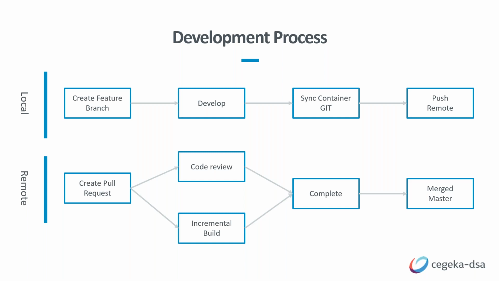When you're done developing, you do some local testing, of course, using either the web client or still the good old RTC. Then the next step is you sync your container with Git. What does that mean? It will export and import changes made in your container to your local Git repository.